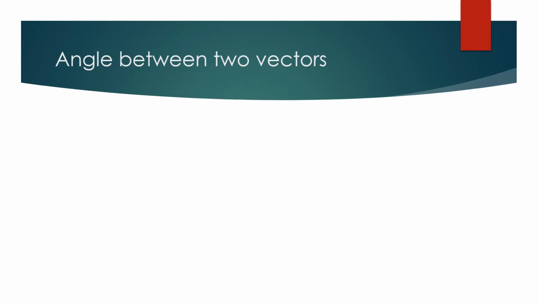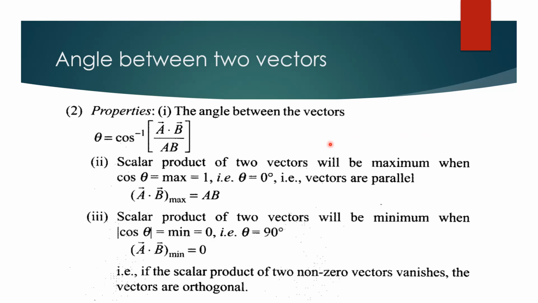Next, angle between two vectors. How will you find out? To find out the angle between two vectors, again we are coming to the formula A B cos theta. Just now we learned the formula. I'll once again recollect the same formula that we were writing now, the scalar product.